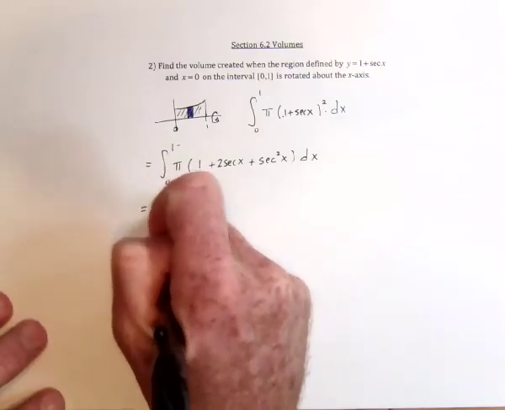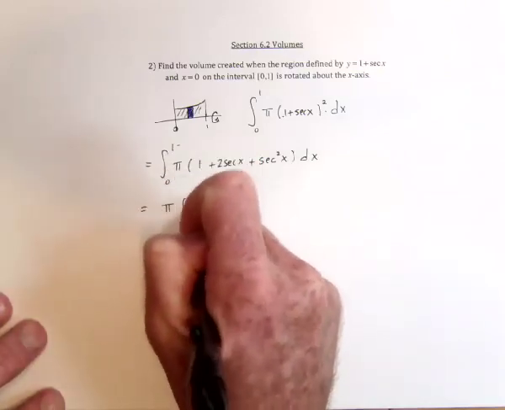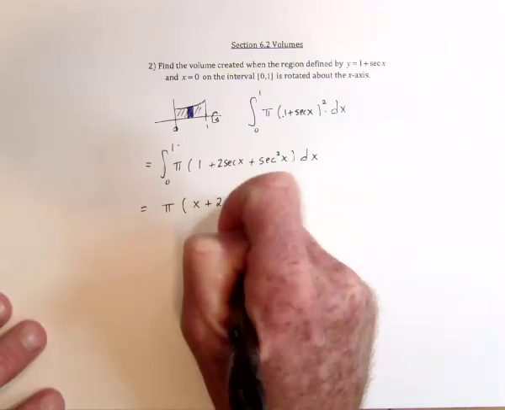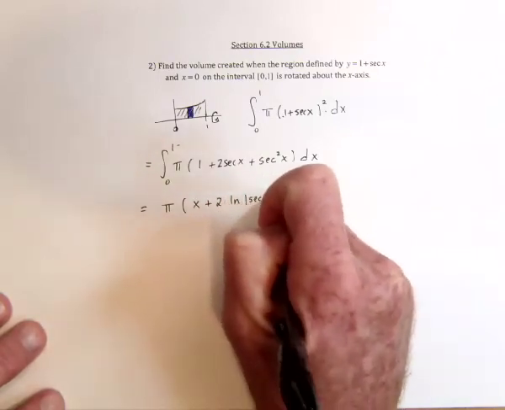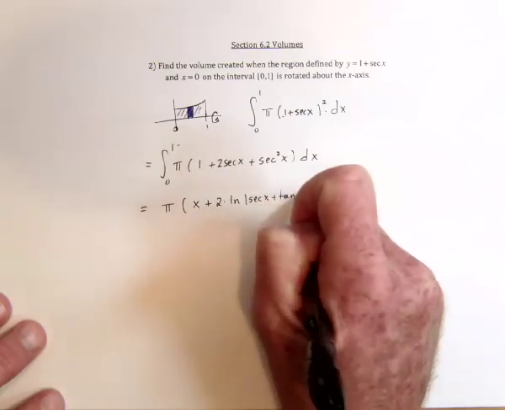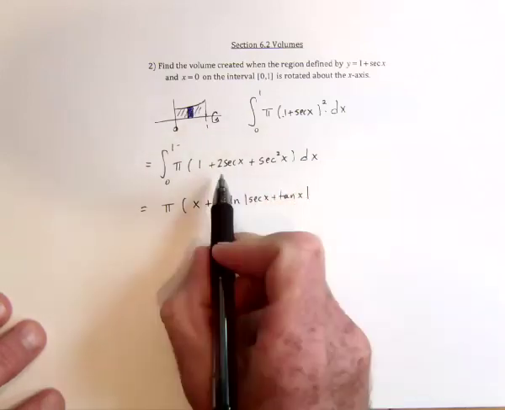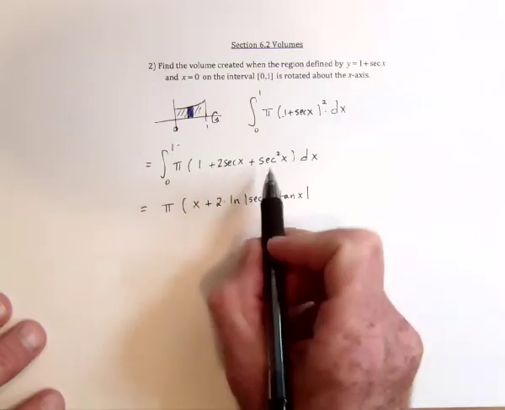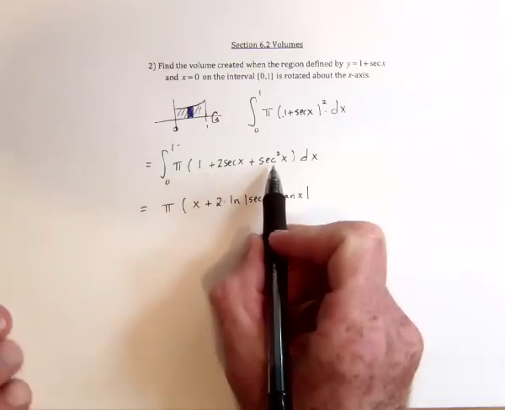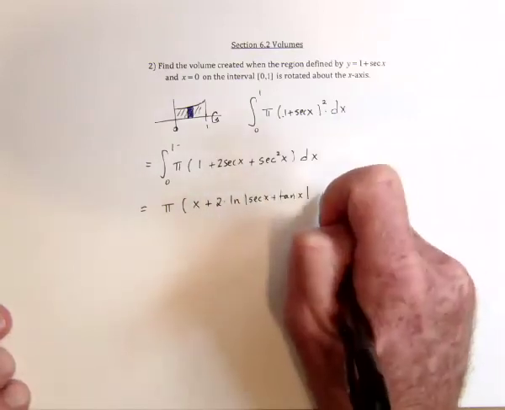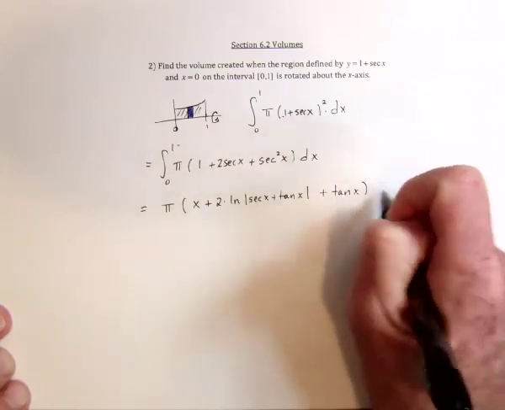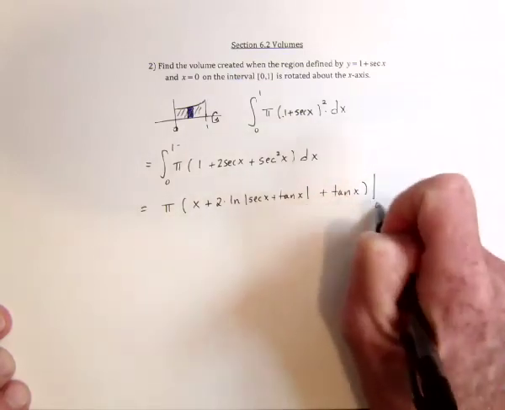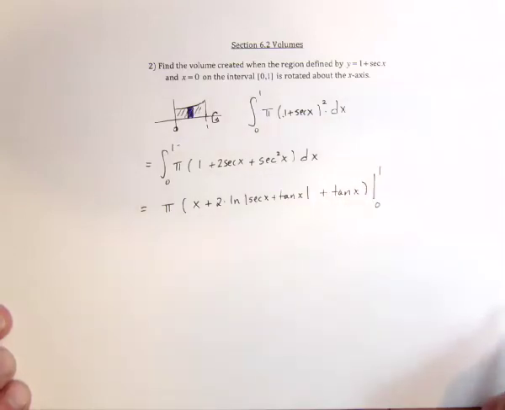So we've got a pi, this just becomes an x, then we've got 2 times the natural log of secant of x plus tangent of x, the antiderivative for the middle one there, and then plus tangent of x, which comes from the derivative of tangent. And then we don't need a plus c because we're going to substitute numbers in, a 0 and a 1.